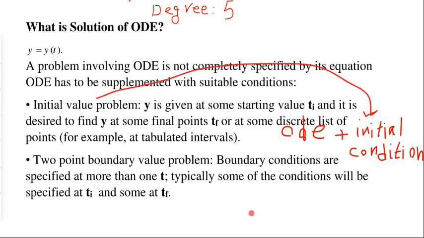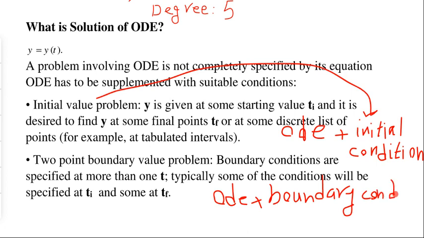But if we have an ODE along with some boundary conditions, boundary conditions are specified at more than one t, for example at two points, ti and tf, then our problem will be called a boundary value problem.